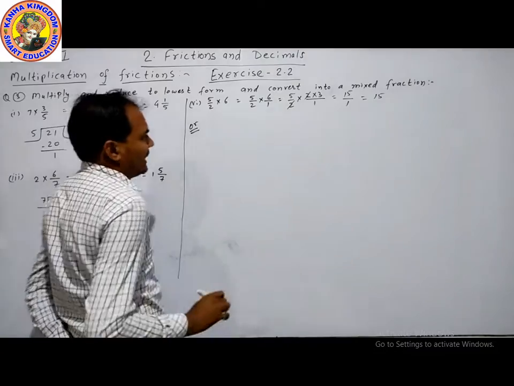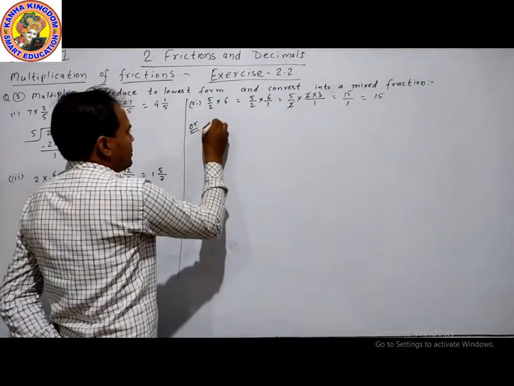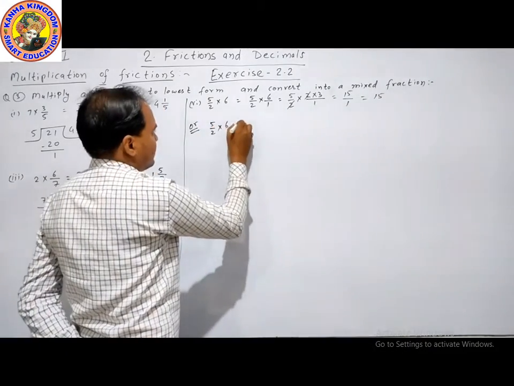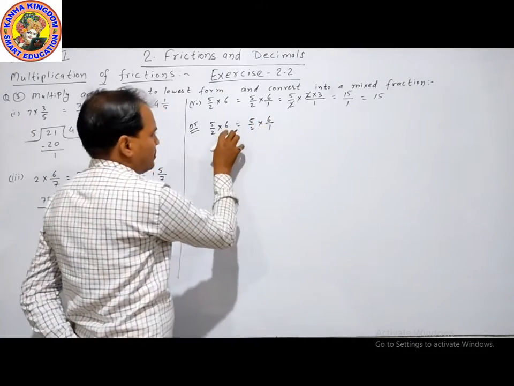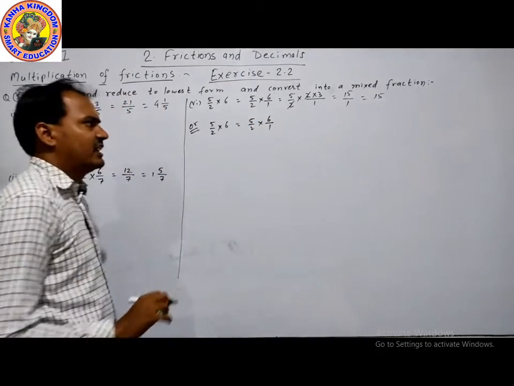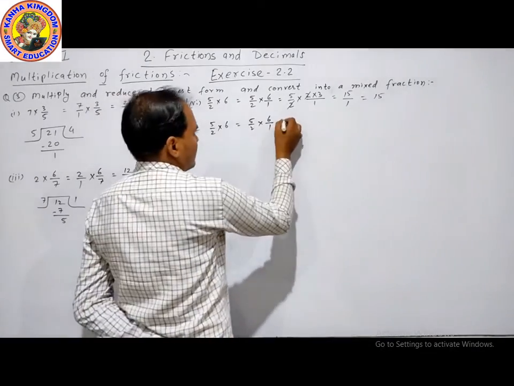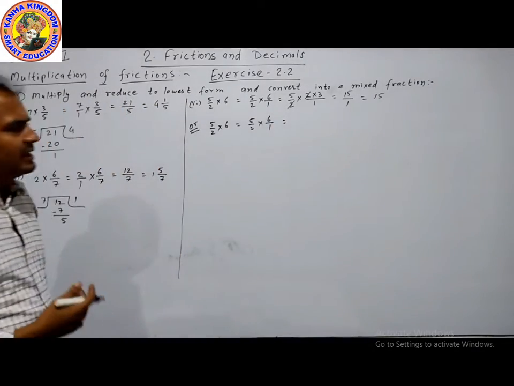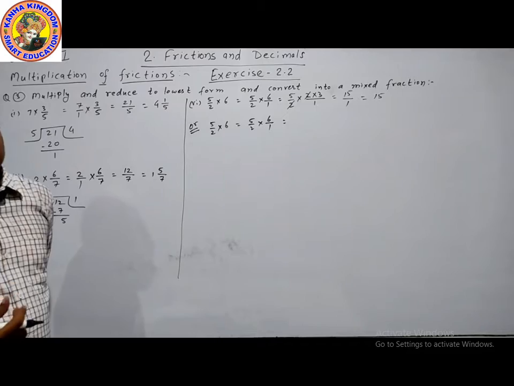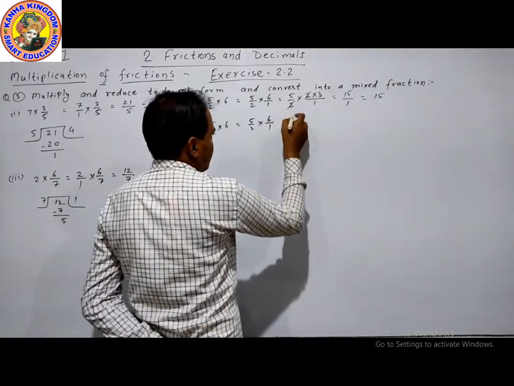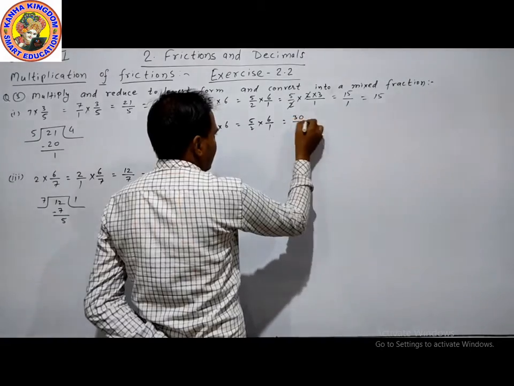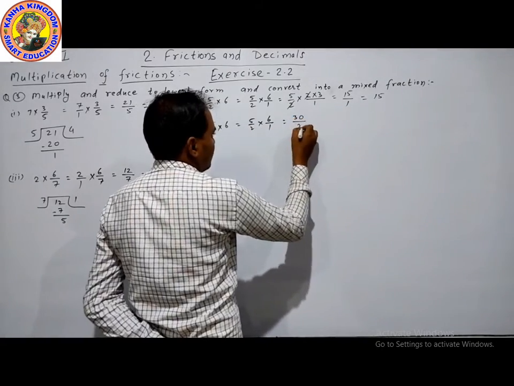For the second method, the question is 5 by 2 into 6. We write 6 as a fraction by dividing by 1. Multiplication in numerator and denominator separately: 5 into 6 is 30, 2 into 1 is 2.